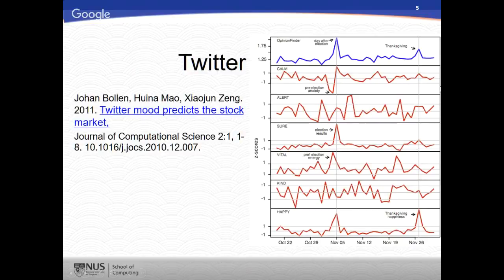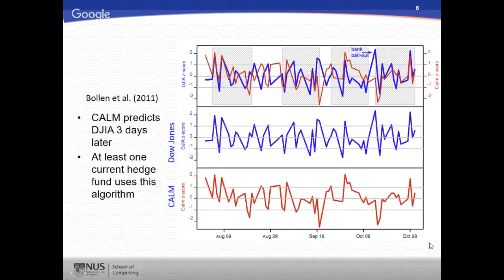Another interesting piece of research uses Twitter sentiment to predict the stock market, which means we can earn money from it. This research studied several different kinds of sentiments: calm, alert, kind, happy. This is the Dow Jones index.